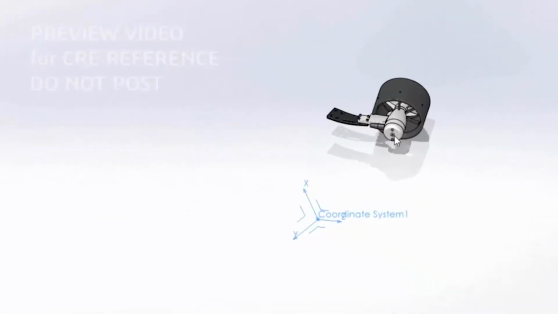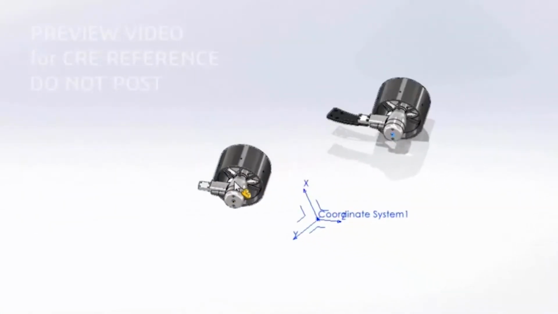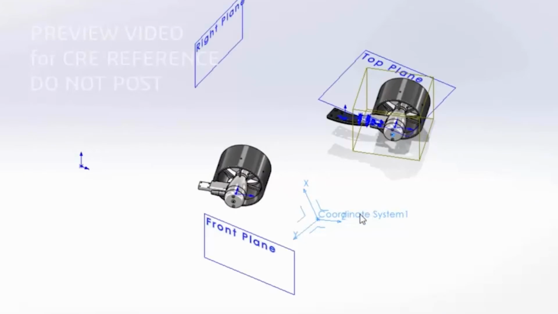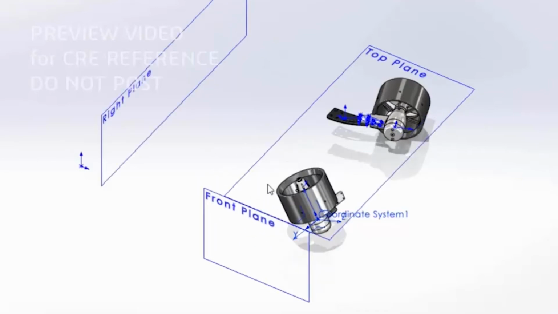In SOLIDWORKS 2022, coordinate systems can be defined using specific numeric values, which makes the placement of the second thruster a snap. Origin visibility is currently turned off to reduce clutter on the screen. With SOLIDWORKS 2022, the new Q key keyboard shortcut allows you to quickly turn on the assembly or component reference geometry.